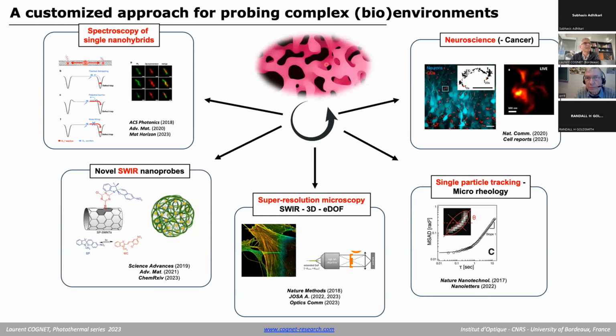That could be, and you will see, a biological environment, but you can see it as a more general structure. For that, we are adapting and developing single particle tracking methods, which are very often based on infrared microscopy and photoluminescent nanoprobes. And of course, we need to design and adapt the photophysical properties of these objects.